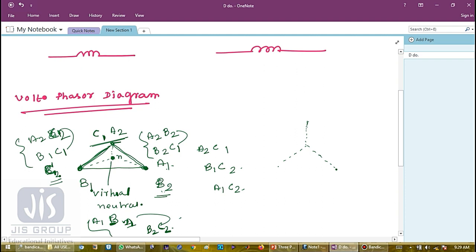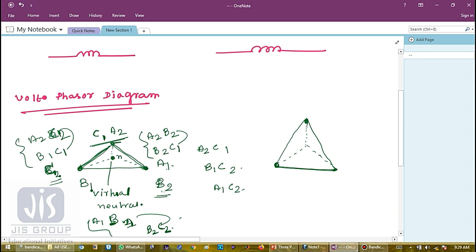So zero phase difference. So here also it will be parallel and the same, because then only zero phase shift difference is possible. I have not been able to draw a perfect equilateral triangle, but this should be a perfect equilateral triangle.